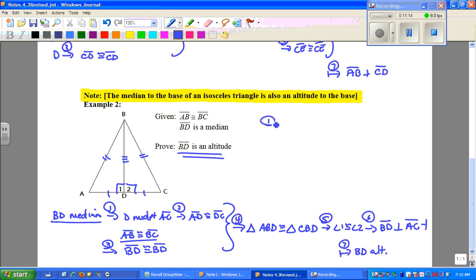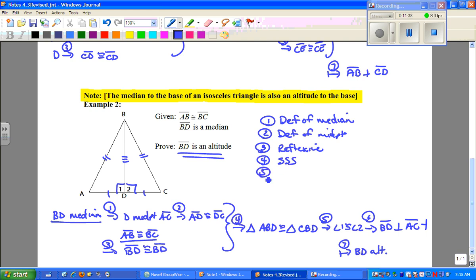Good stuff. Let's go through it. Reason 1, we have definition of median. 2, then the definition of midpoint. 3, reflexive. 4, side, side, side. 5, CPCTC. 6 is our new rule.